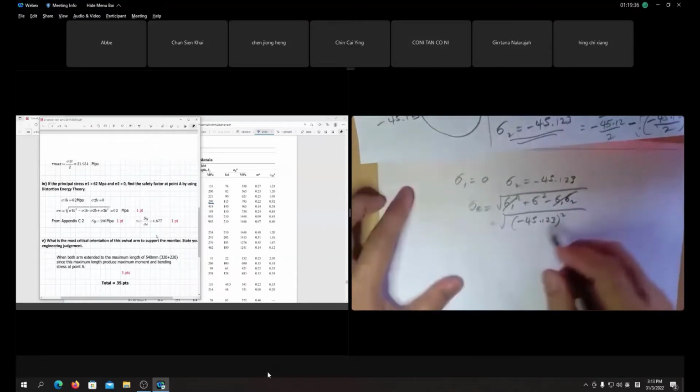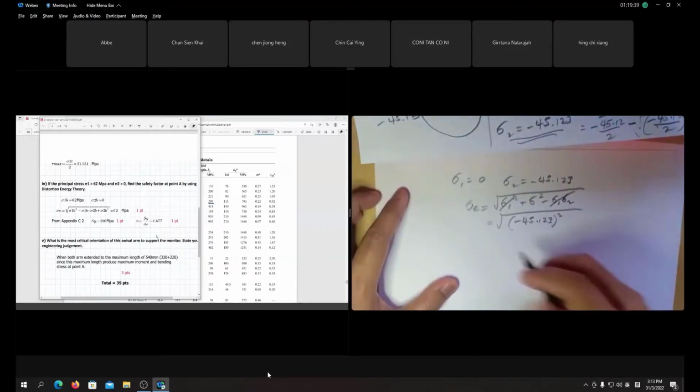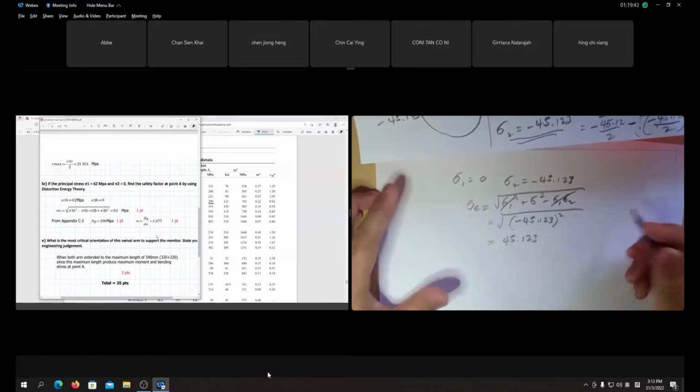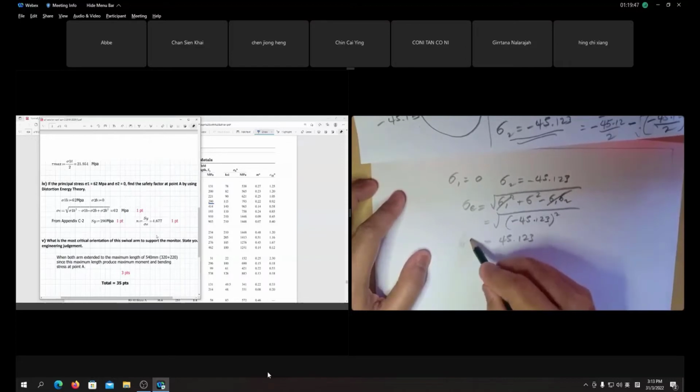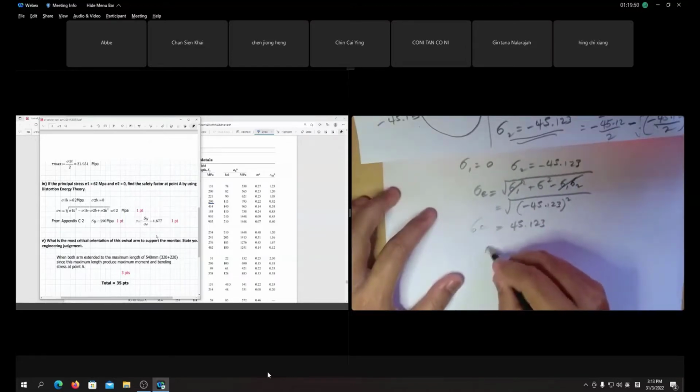Put the values: sigma 1 is 0, sigma 2 is negative 45.123 squared, minus sigma 1 sigma 2, which is zero because sigma 1 is 0. So sigma equivalent is 45.123, the same value. So the safety factor is SY over sigma equivalent.